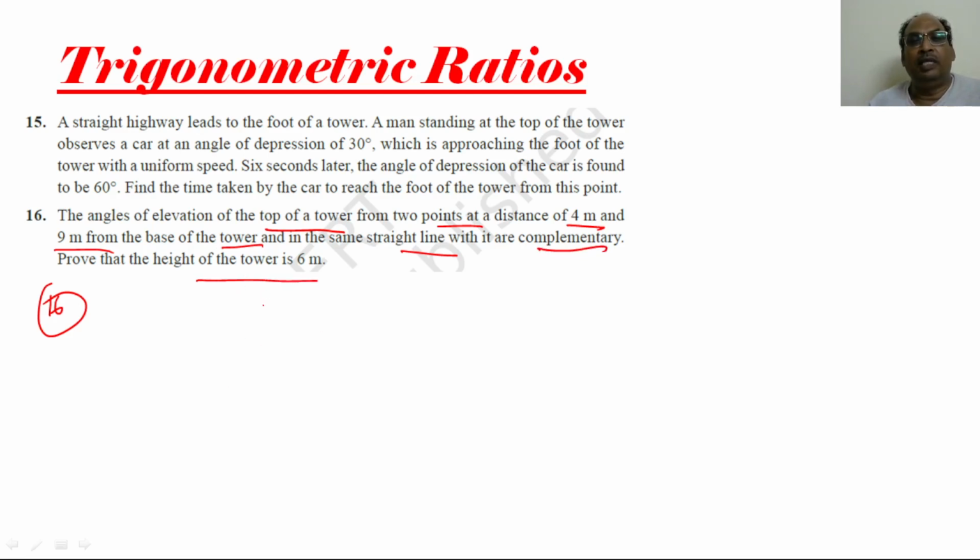So angles of elevation of the top of a tower from 2 points. It is the top of the tower.